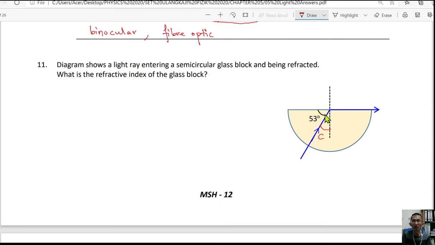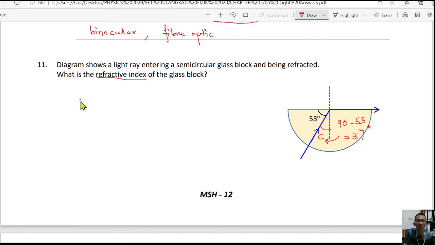So this must be my critical angle. If this is 53, what is the value of our C? That will be 90 minus 53 degrees. You should be able to get 37 degrees. So your critical angle is 37 degrees. The question asks for what? It asks for refractive index.